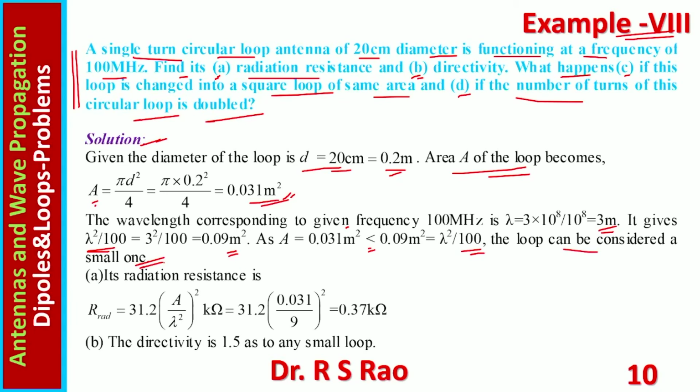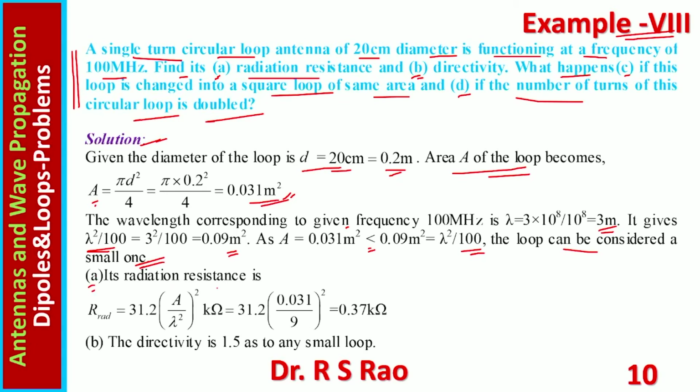For a loop to be a small one, the cross-sectional area of the loop must be smaller than lambda square by 100. And this condition is being satisfied here by the given loop. Hence, it is a small one. Once the loop is declared or found a small one, we can use all the formulas that are available for a small loop.